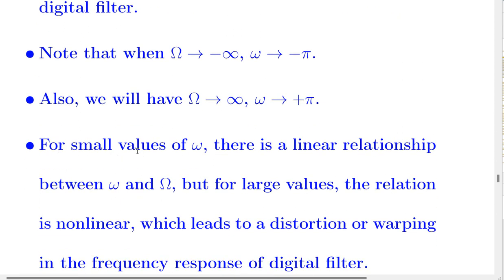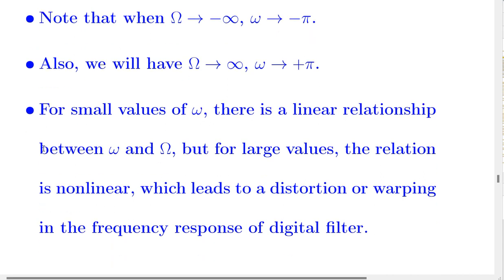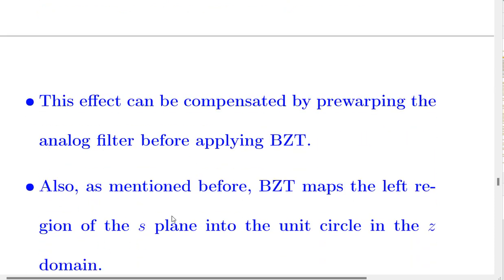Now, for small values of omega, there is a linear relation between omega and capital Omega. But for large values, the relation is nonlinear, having the form of tangent, as we mentioned, which leads to a distortion or warping in the frequency response of the digital filter.